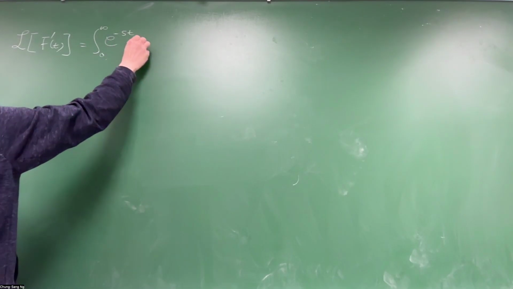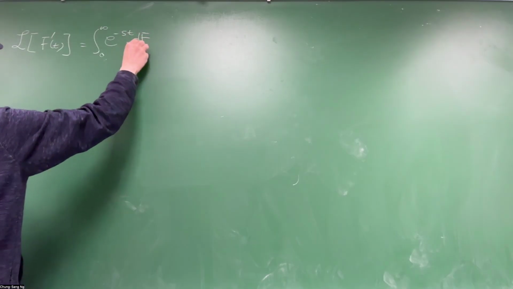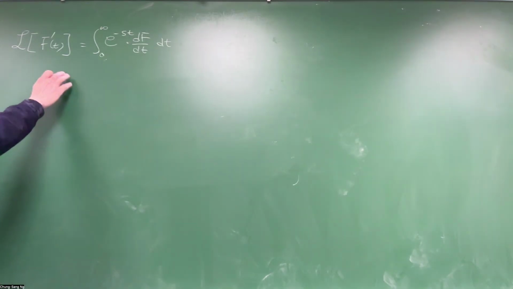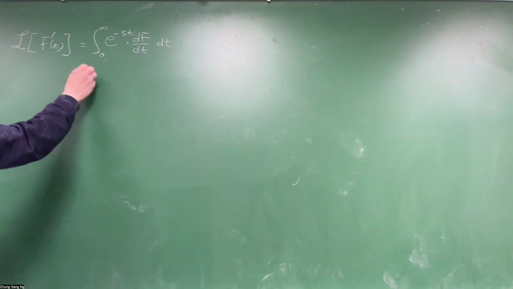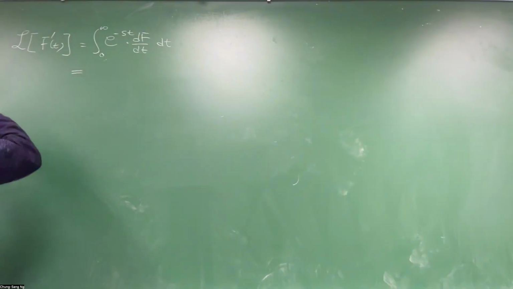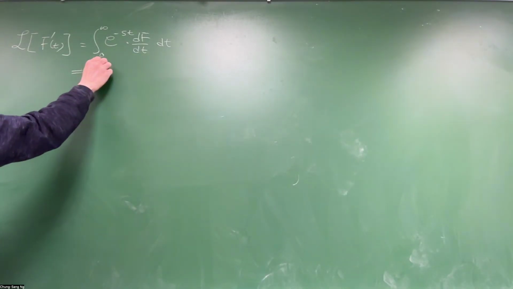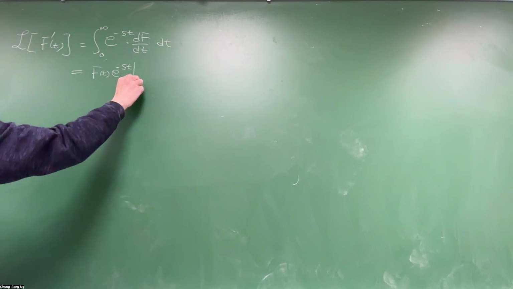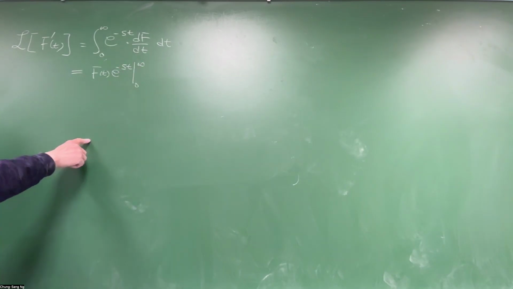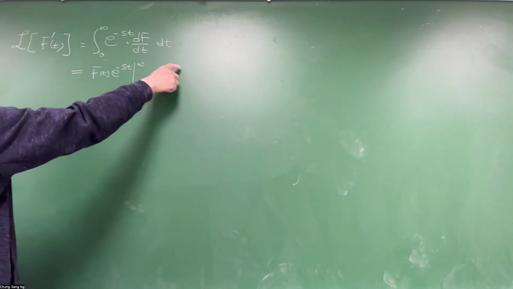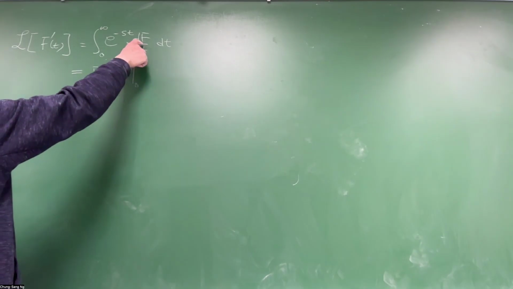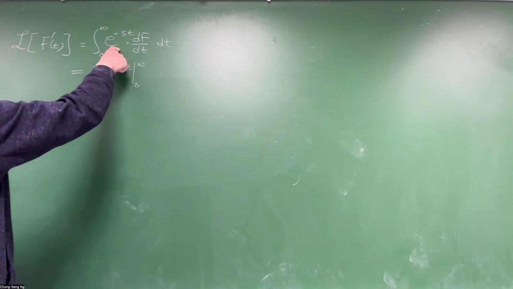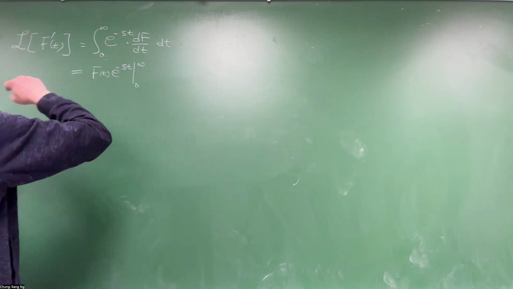This is the integral of e to the minus st times df/dt dt, right? And now you just do it as integration by parts. That would be f e to the minus st from 0 to infinity, and then the second term is the integration of f, and then take a derivative of this one with power minus s, right?